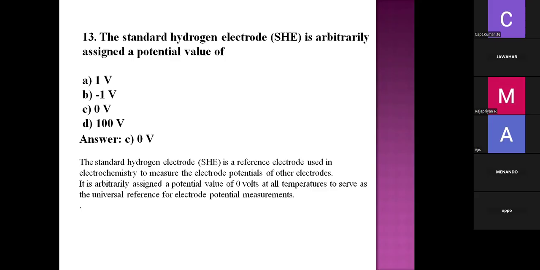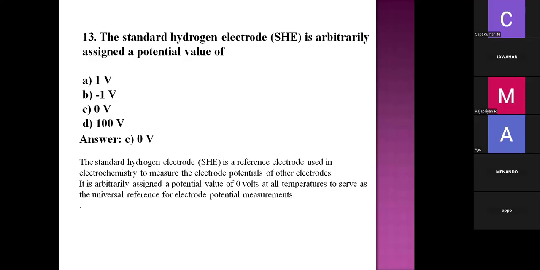And the other, minus 1 volt, is also incorrect, not assigned to any standard reference electrode. Negative potential typically represents reduction reactions, but the standard hydrogen electrode itself is the zero reference point for all electrode potentials.